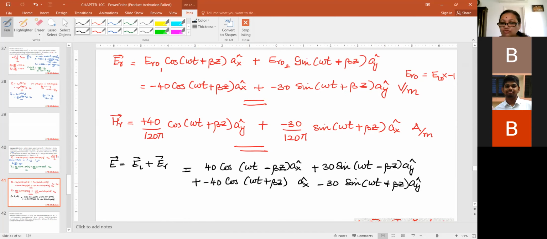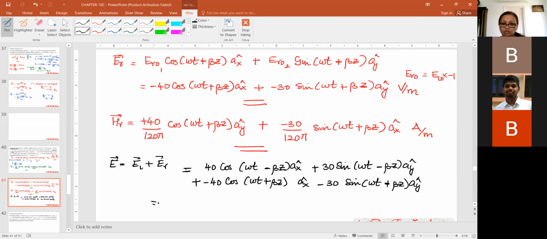Okay, plus. So you just have to use cos A minus cos B, sin A minus sin B. Otherwise, 40 is common here, 30 is common here. So when you club these two, you get cos A minus cos B. So here sin A minus sin B. Just use that formula. That's all. I hope you can do that part.